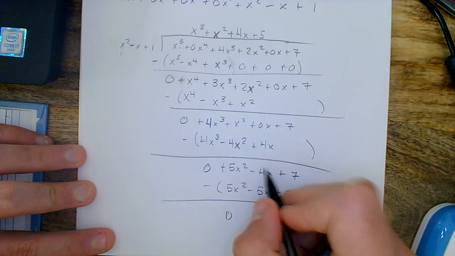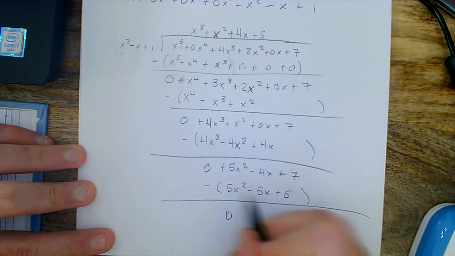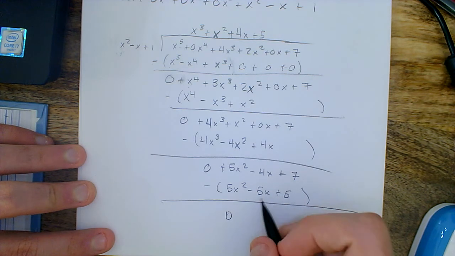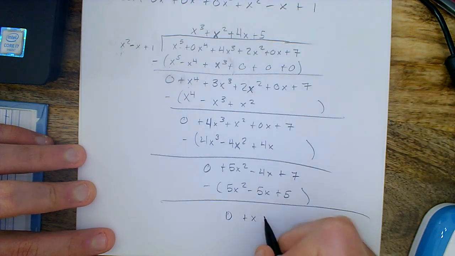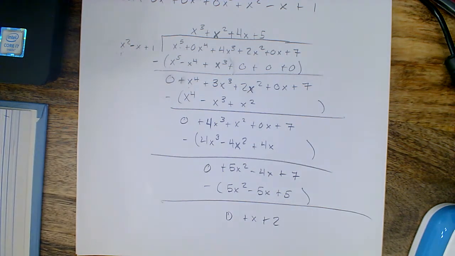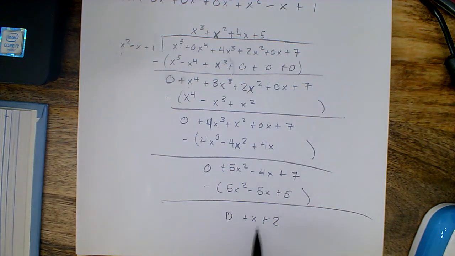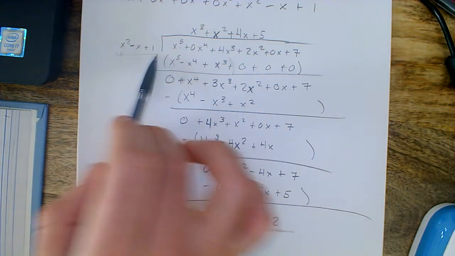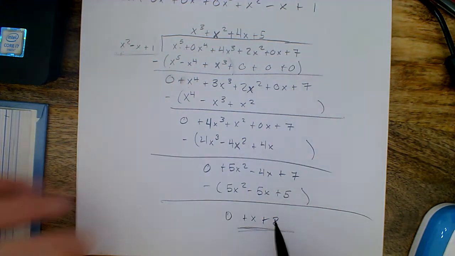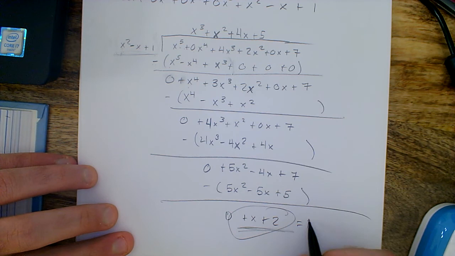And we get 0. Negative 4x minus negative 5x is like negative 4x plus 5x, so we get a plus x and plus 2. Okay, so now we are done, because the degree here is less than our divisor's degree. So this is actually what our remainder is going to be.